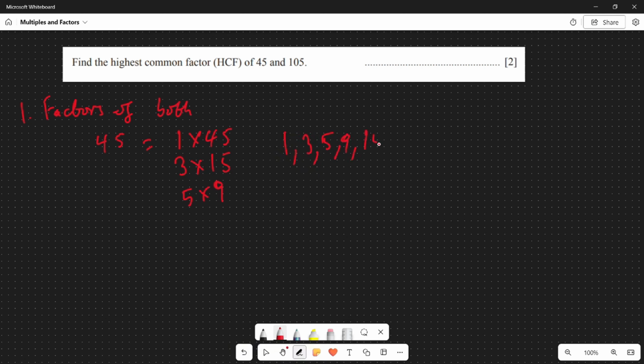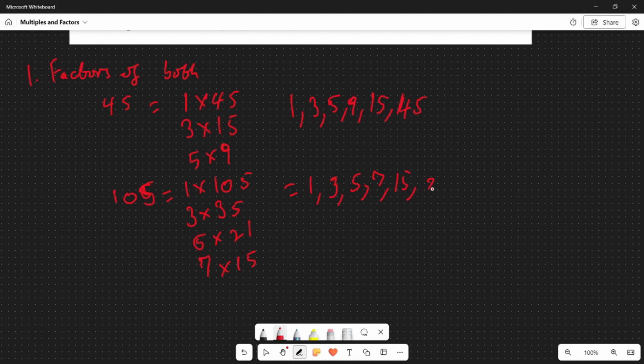And then if you keep on going, you reach 15 times 7, and again, that will not cut it because it's repeating 7 times 15. And so you stop at that point, and then you say that the factors of 105 are 1, 3, 5, 7, 15, 21, 35, and 105.